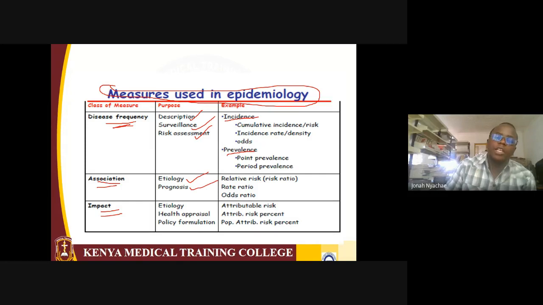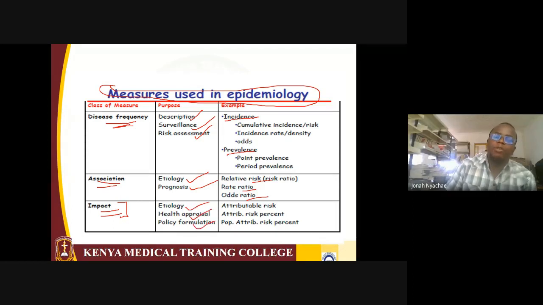So here, for you to get the etiology and prognosis, we are talking about the relative risk, the rate ratio, and the odds ratio. And then when you are doing impact, the purpose is for etiology, for health appraisal, for policy formulation.